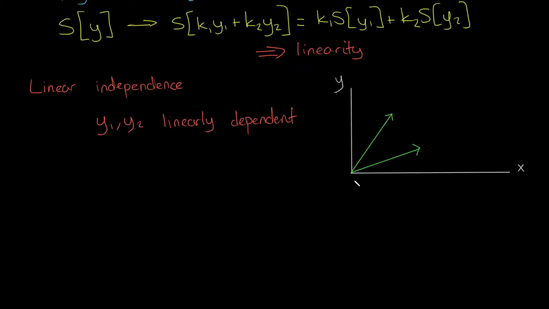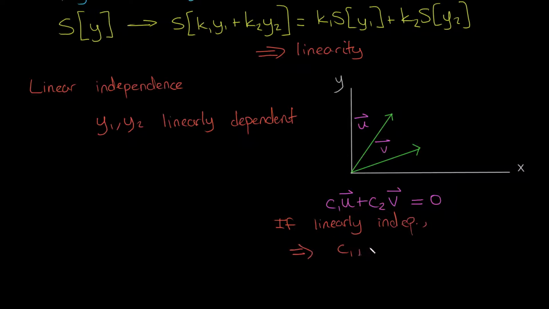In math, what that means for vectors at least is that if we have some constant c1 times u, where this is u and this is vector v, plus a different constant c2 times v, this equaling 0, if they are linearly independent, then this equaling 0 implies that c1 and c2 themselves equal 0.